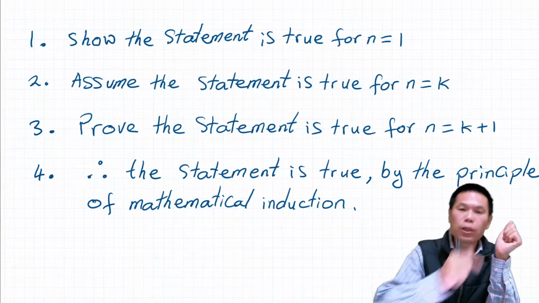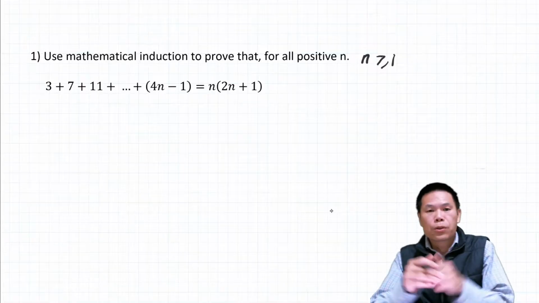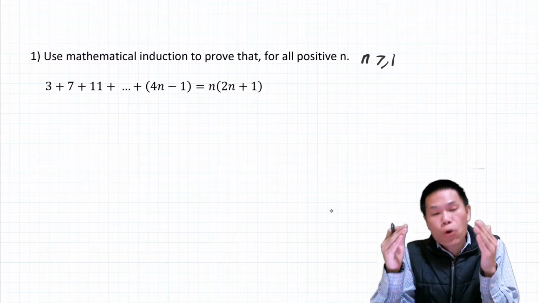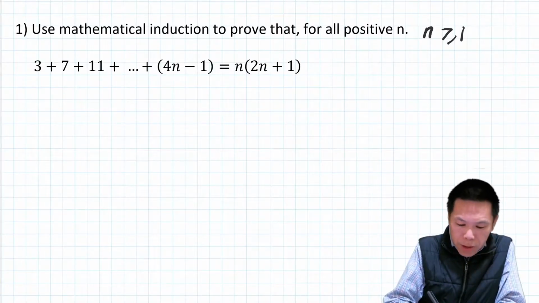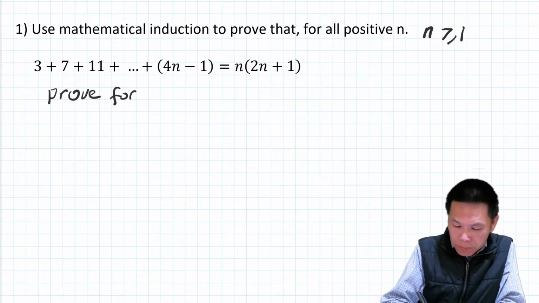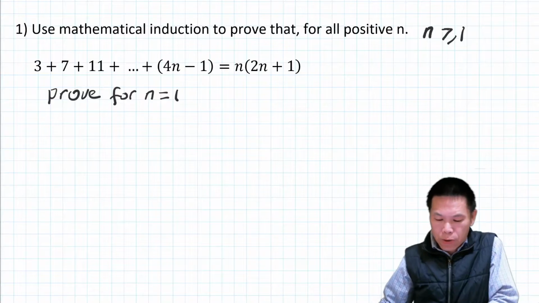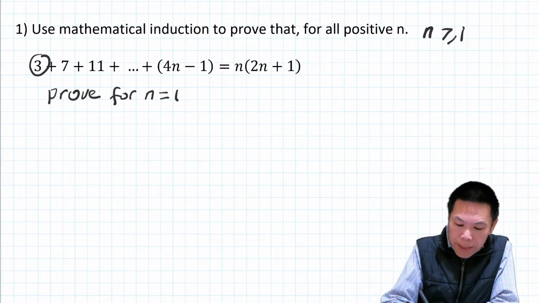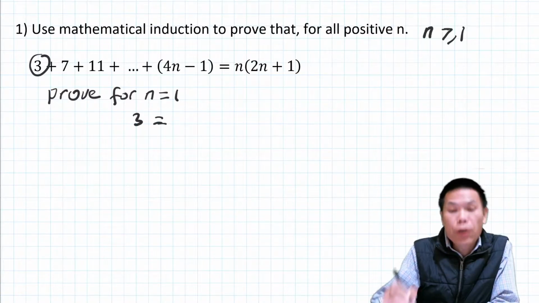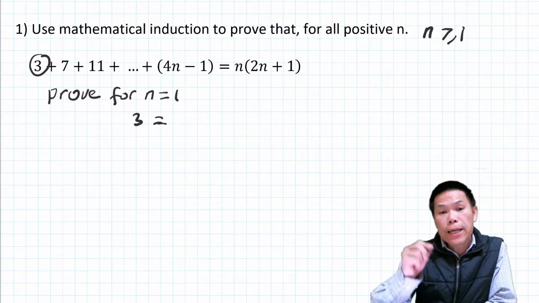So let's go back to the example. Step number 1, we need to show it is true for n equal 1. So we just write proof, n equal 1. On the left hand side, we have 3. On the right hand side, we replace n with 1.